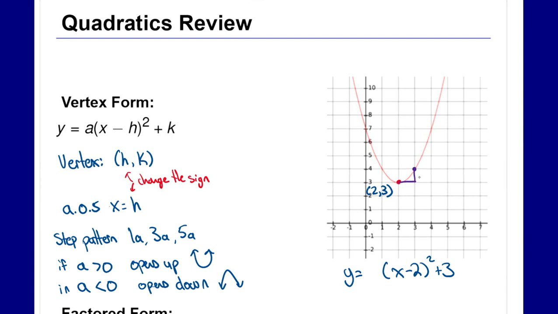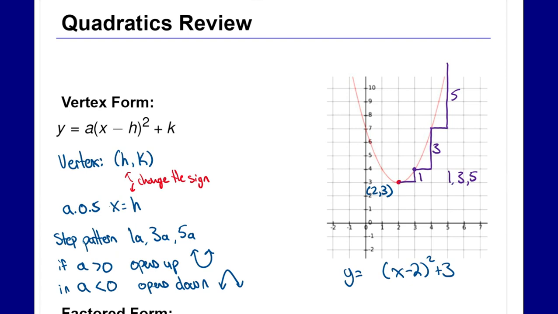So in this case, the first step up is 1. And then to take a step over again, always one step over, and I go up until I hit my graph, and it would be a step up of 3. So you can kind of guess what the next one is going to be, even though we can't see it. It would go up 5. So that means my step pattern is 1, 3, 5.